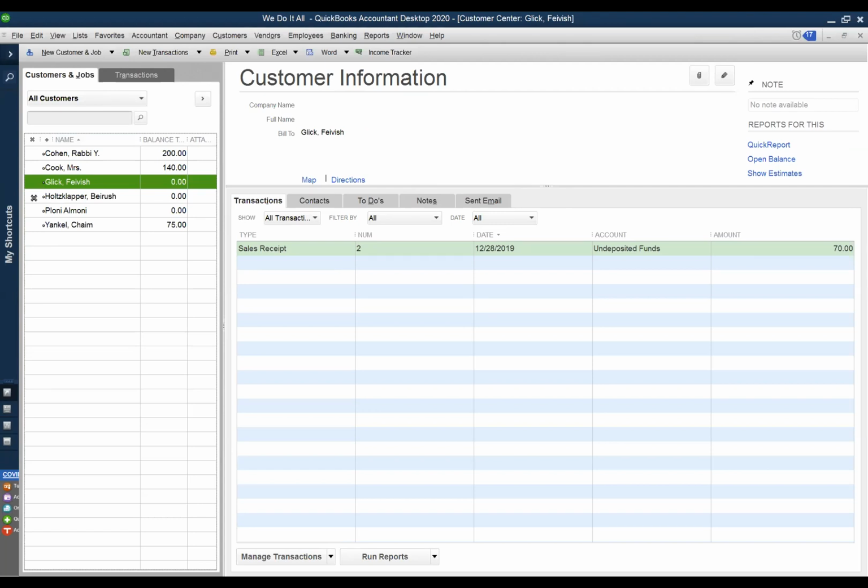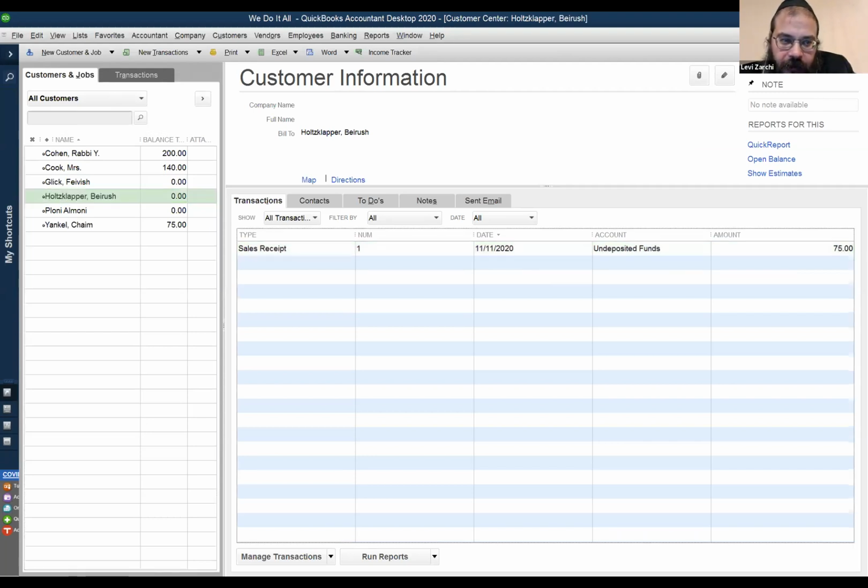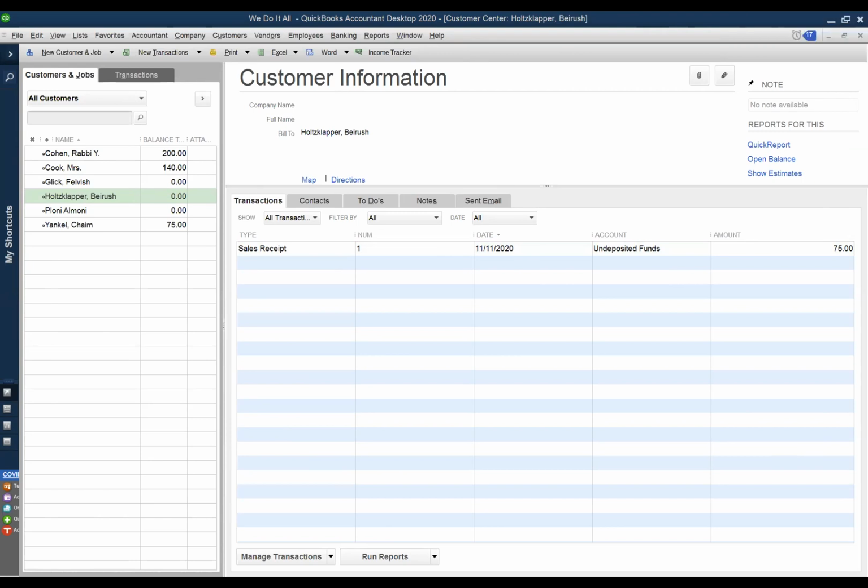Okay, so now what? When you see the sales, you say delete. I don't care which one you delete, Holtzklapper or Holtz, but I have to move on to the next student who's waiting. You have to delete one of your sales receipts. Even though it says 0. Forget what it says on the left side.